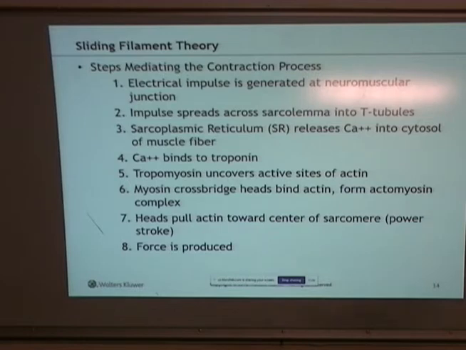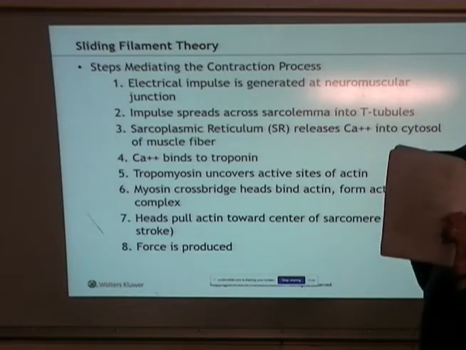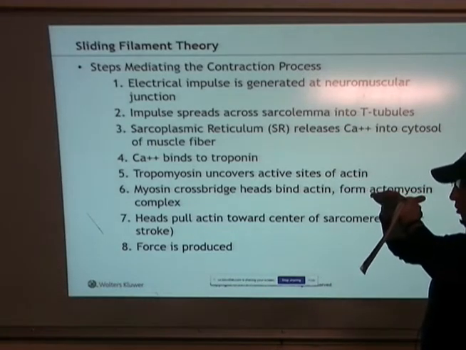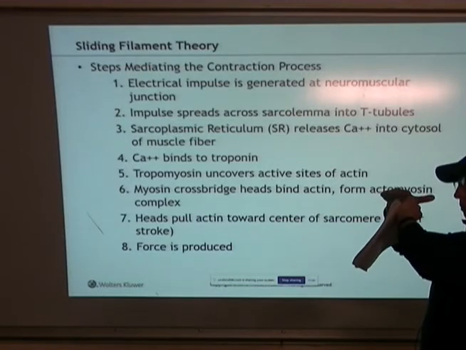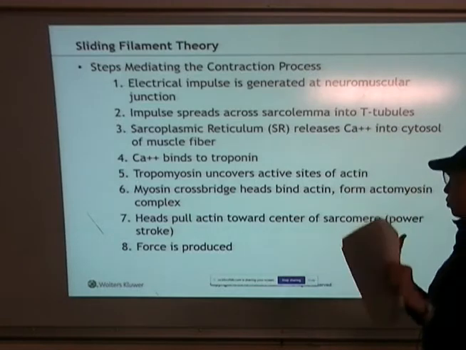So once it's attached to the actin, then it can move, flick, and drag the actin with it. And so we see the shortening. Remember that one end of the actin is attached to the Z line, and so as the actin is dragged towards the center of the sarcomere, the Z lines move in, and we see shortening.